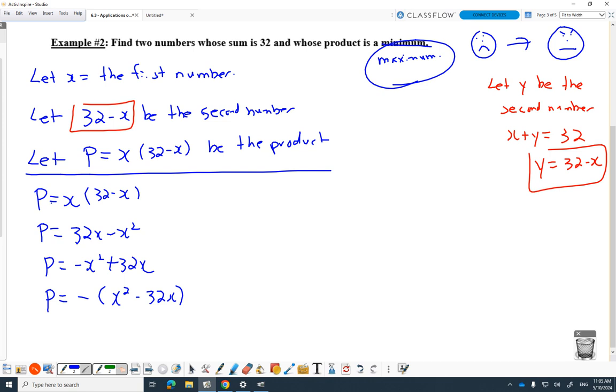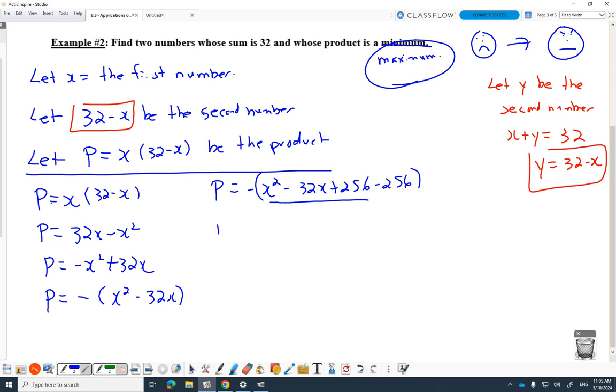Half of 32, 16 squared. Who's got it? What's 16 squared? 256. So that's the magic number I'm going to use. P equals negative x squared minus 32x, plus 256 minus 256. And let's see if I do it the way Mr. Yak did yesterday.